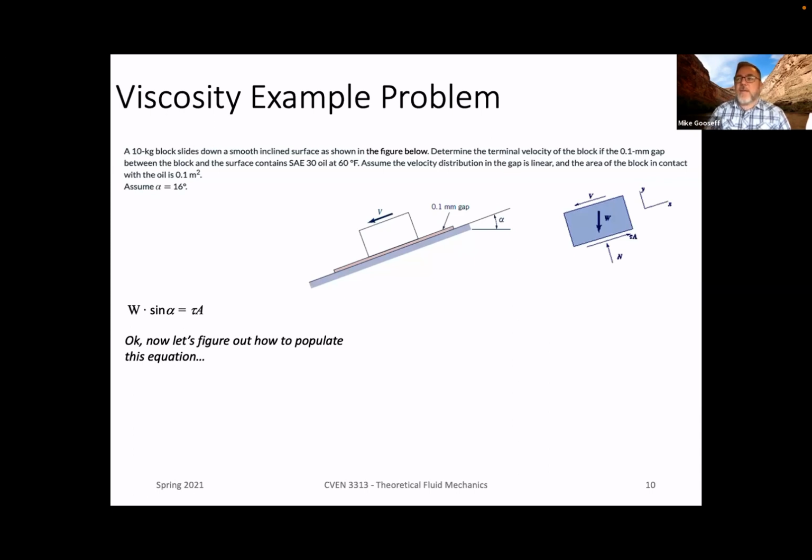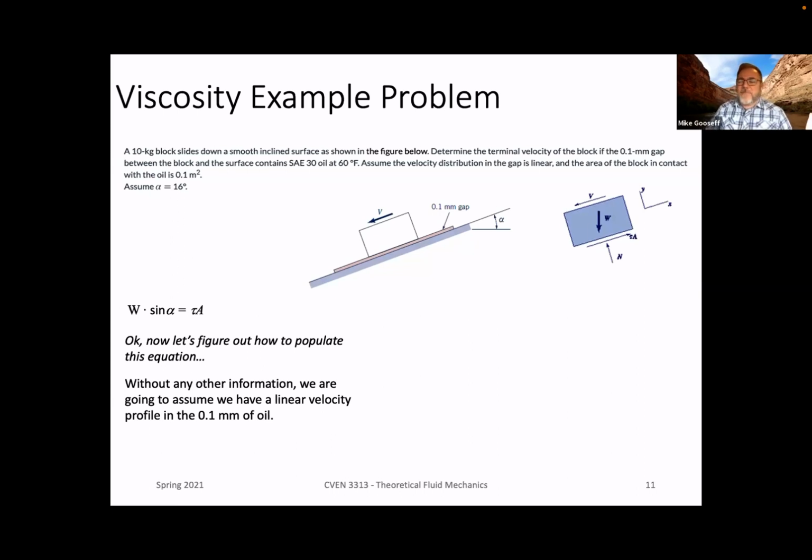A is given right here. When we read this, we say assume the velocity distribution in the gap is linear and that the area of the block in contact with the oil is 0.1 square meters. So that is our area of contact between the block and the oil, and that's what will go in for A. All right.